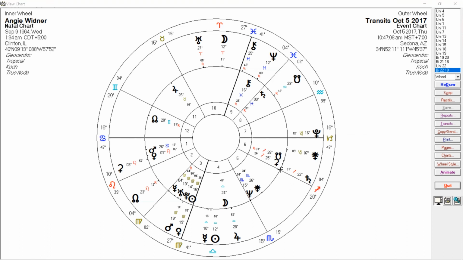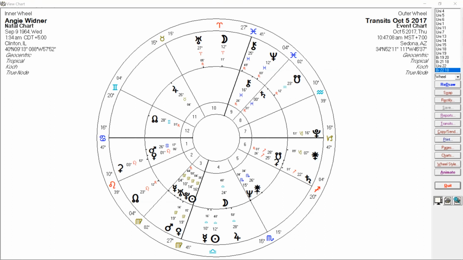So the bottom line is that the issues don't have to be activated on the actual exact precise conjunction, but in the zone. It is before and after. That's something to pay attention to.